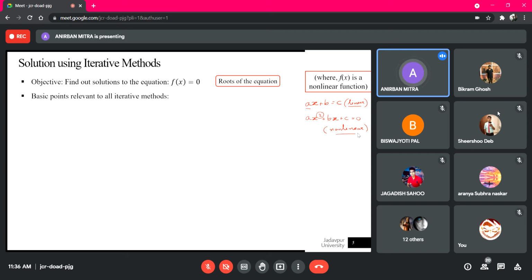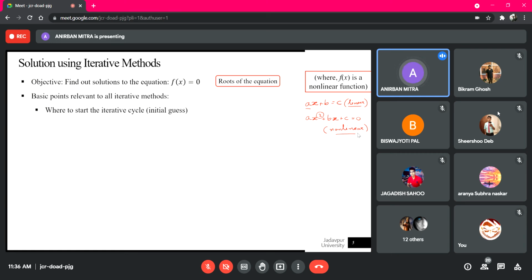If you want to apply a successful iterative method, we need to consider certain basic points. In fact, these basic points are relevant to all different iterative methods. What are these points? Let us see one by one. First of all, where to start this iterative cycle? The initial guess.